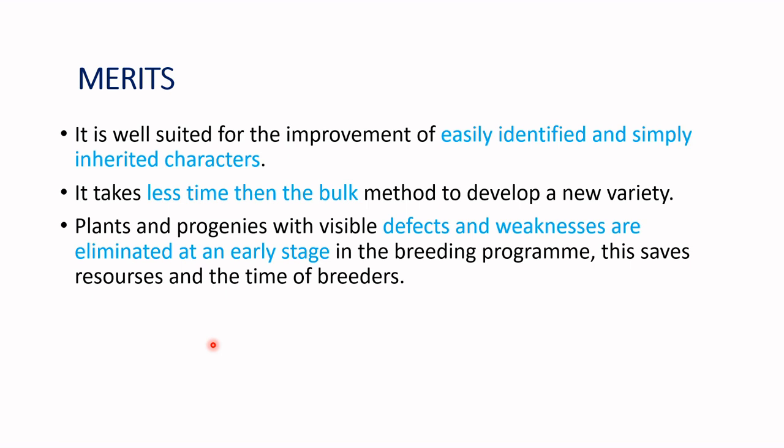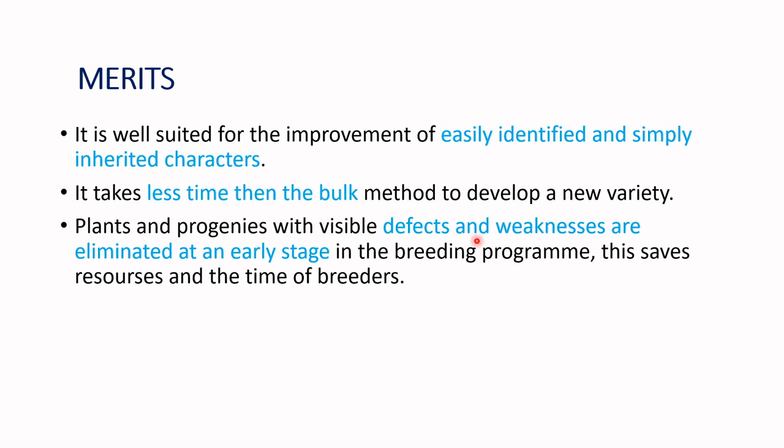So some of the advantages of pedigree method: it is well suited for easily identifiable and highly heritable characters. It takes less time than bulk breeding method, and it is good for easily visible defects. Progenies with visible defects and weaknesses can be eliminated at the early stage of breeding program, which saves time and resources.